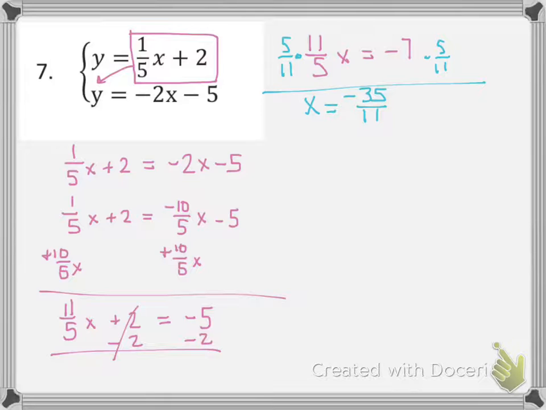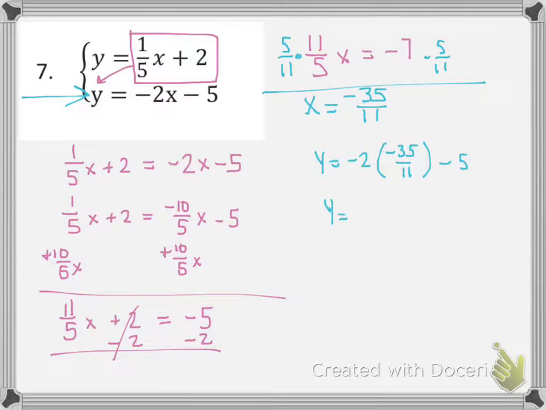Then I can plug that into either x and come up with my answer. I'll use the bottom equation. So y equals -2 times -35/11 minus 5.